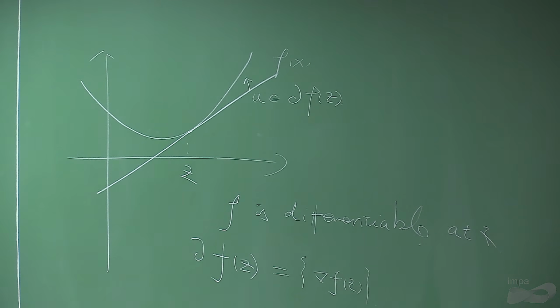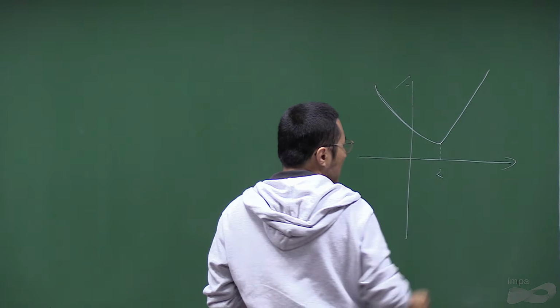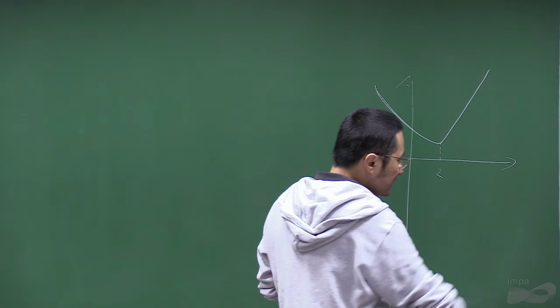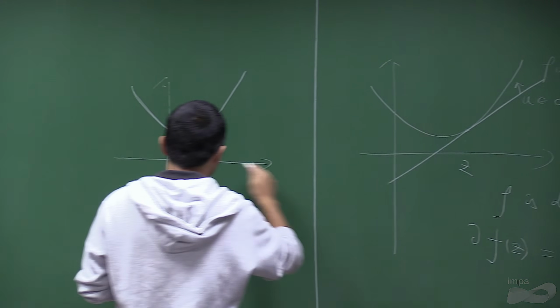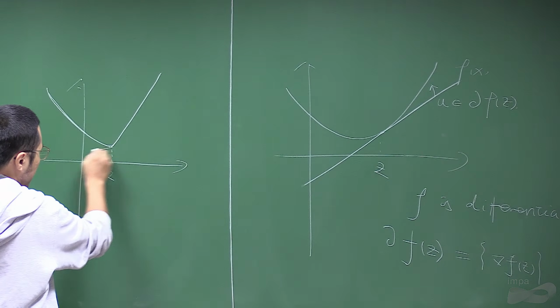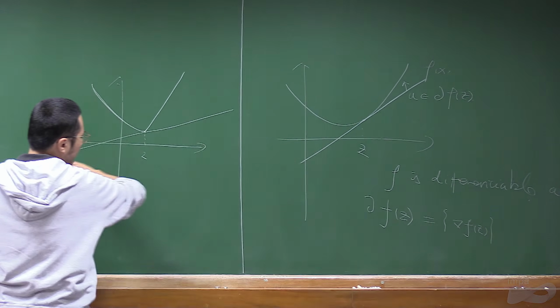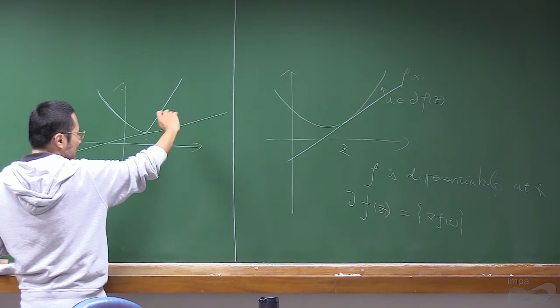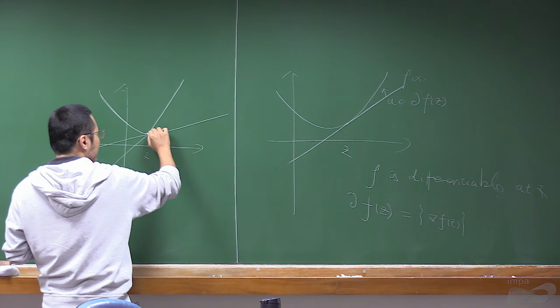It's smooth on the left side, and at this point it's not differentiable. This point is z. So you see this supporting hyperplane or this half space is not unique. Okay, you can find a supporting hyperplane which is defined by the subgradient like this, and also you can define another one.